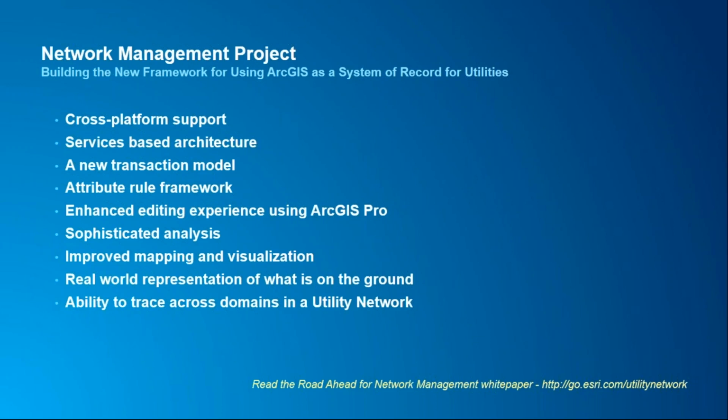Yes, Pro will be our first client to utilize it, but as the utility network project evolves, you'll be able to start managing, maintaining, and editing data through the web browser, through mobile apps, as well as desktop applications like ArcGIS Pro. The reason behind this is a new service-based architecture. Your interaction with the utility network is strictly through feature services.